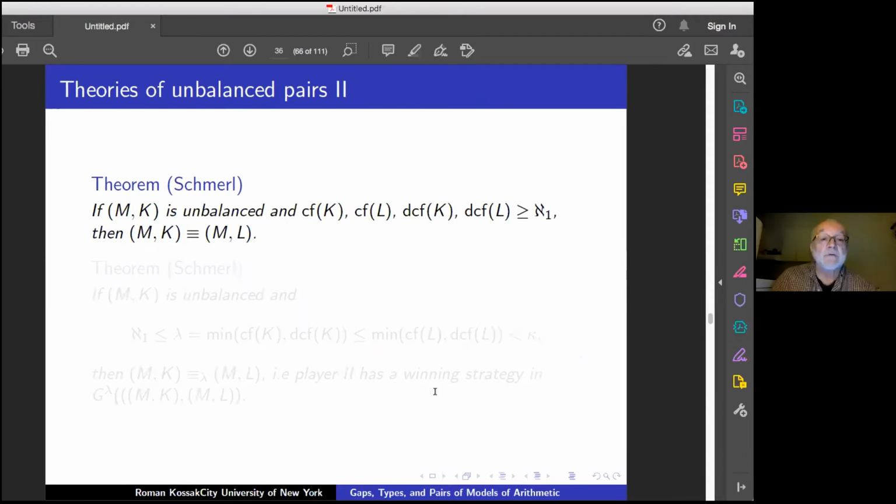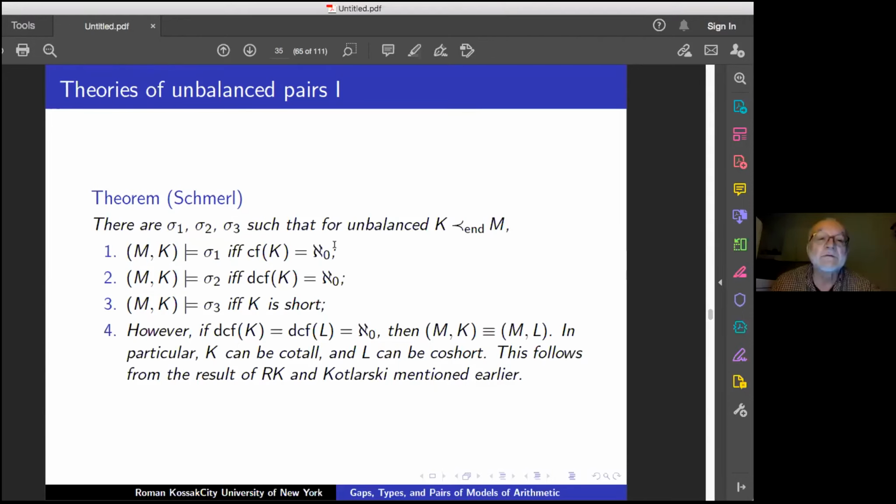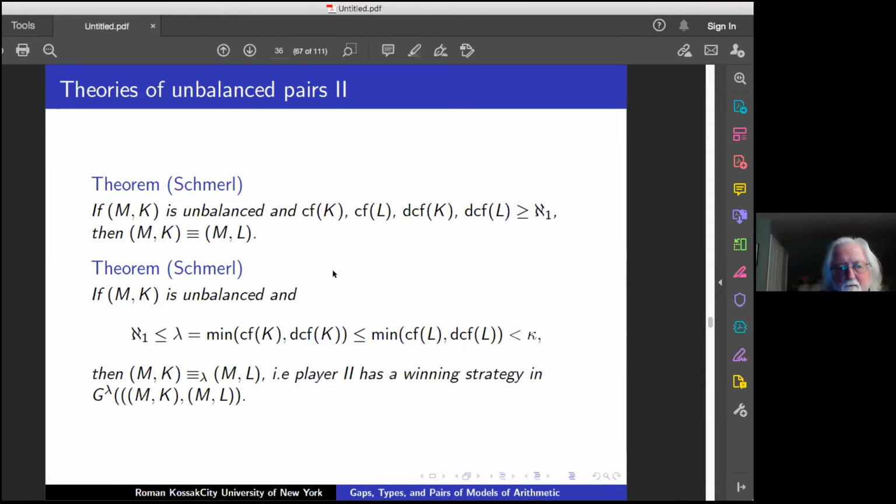But what is much more intriguing here, because the previous slide was about the situation when you have those models of either kappa lambda or lambda kappa where lambda is Aleph 0. But what happens if all those cofinalities are uncountable?